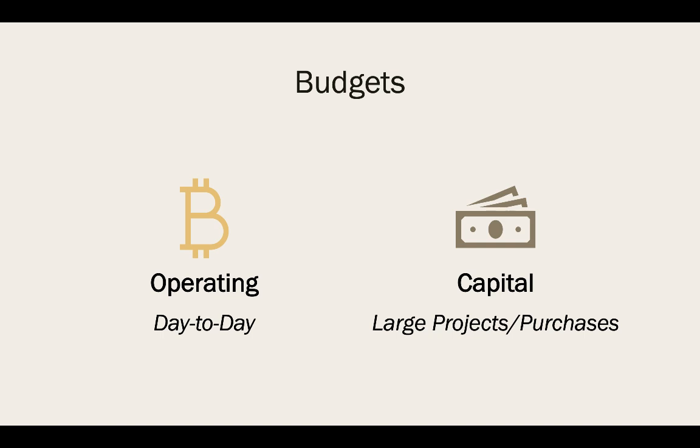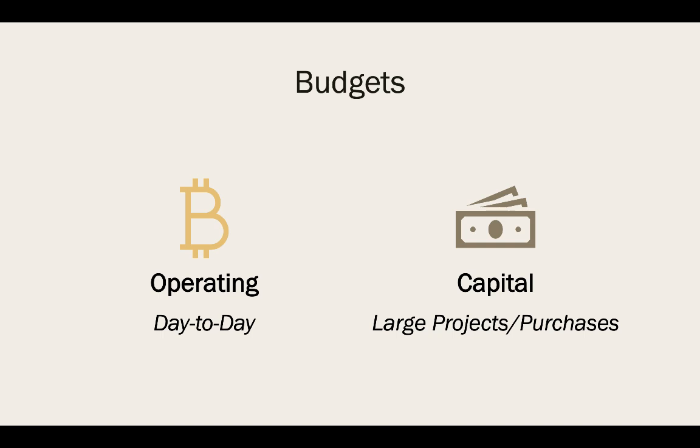Your operating budget is just like your household budget. It's your day to day. You've got money coming in, you've got money coming out, and this is happening in that time period. So our operating budget is year to year. I've got fiscal year 18, fiscal year 19, fiscal year 20 operating budgets.